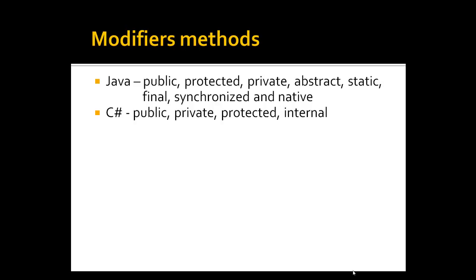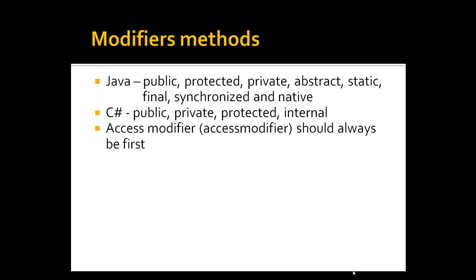C# access modifiers. Access modifiers determine the extent to which a variable or method can be accessed from another class object. There are 4 basic access modifier types in C#: public, private, protected, internal.